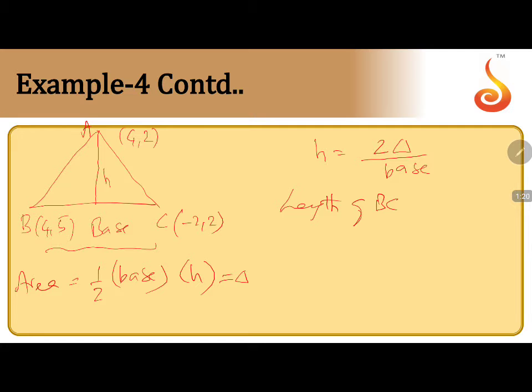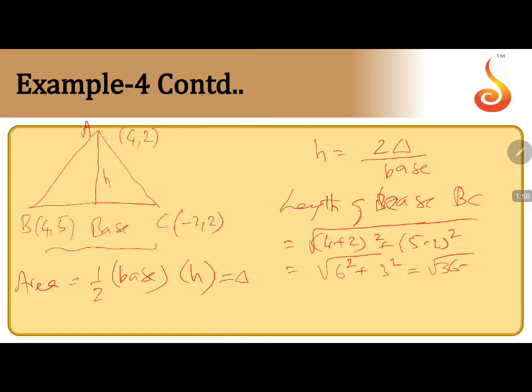Base BC is equal to square root of (4 plus 2) whole square plus (5 minus 2) whole square, that is 6 square plus 3 square, 36 plus 9, 45, or it is root 9 into 5, 3 root 5.